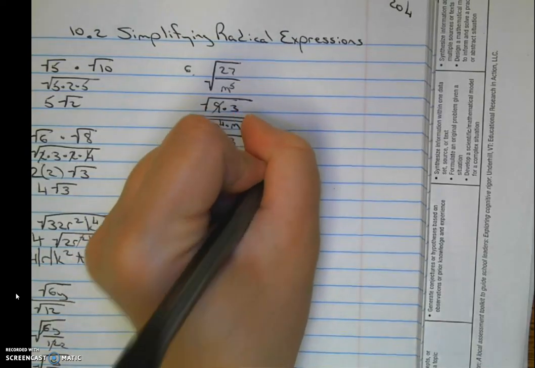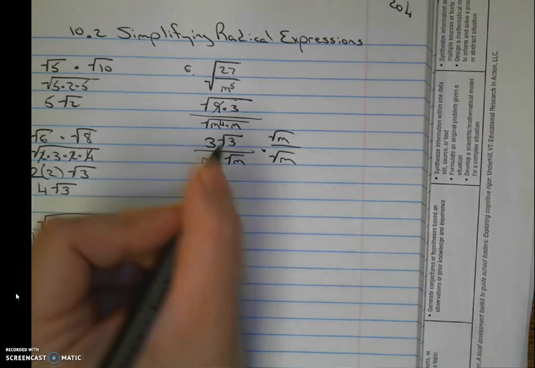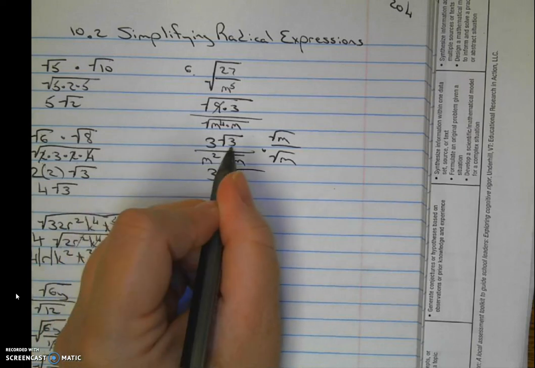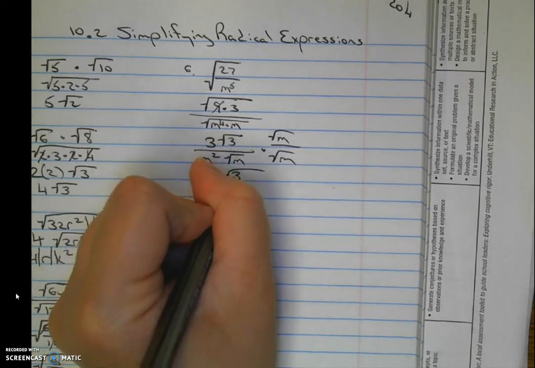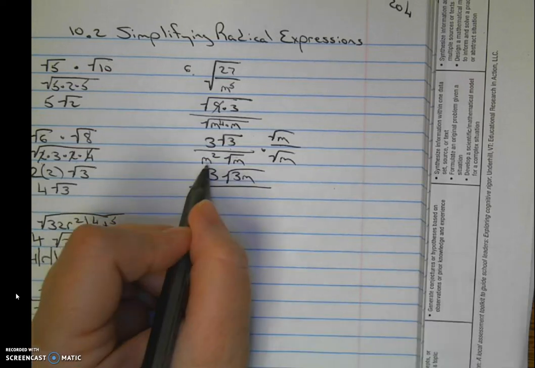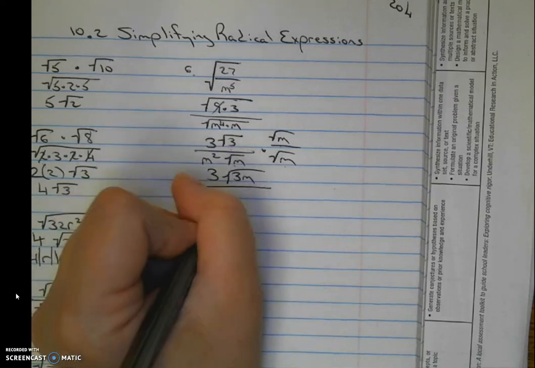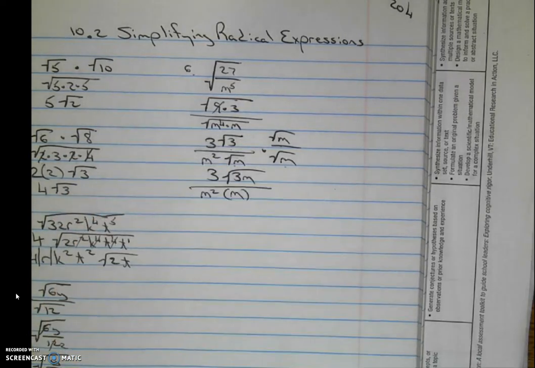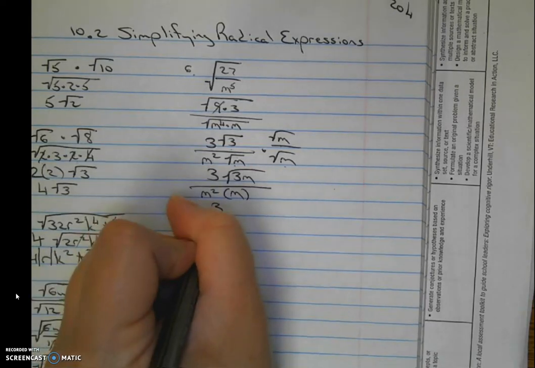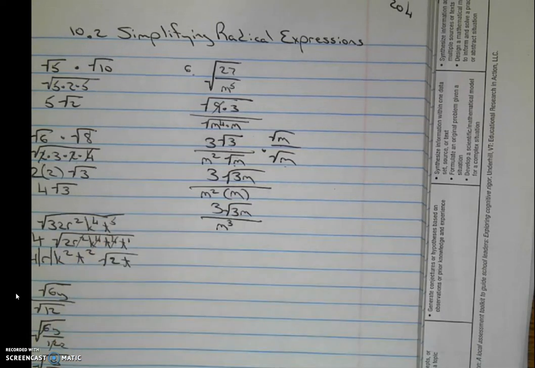I've got to make it in a form of 1. So what that gives me is up in the numerator, this 3 is outside, but inside I have a square root of 3 square root of m. I'm stuck with a square root of 3m. Over here on the outside, m squared I'm going to bring down. Square root of m times square root of m is equal to m. Then simplify. 3 square root of 3m over m to the 3rd.